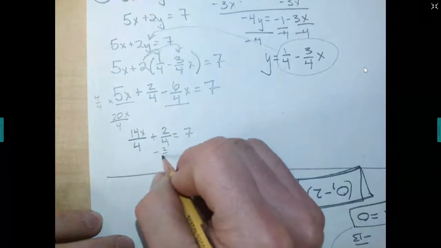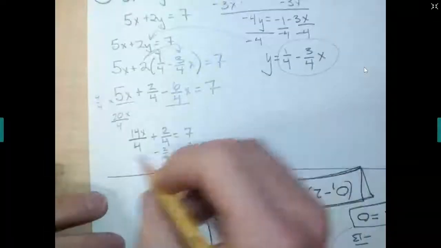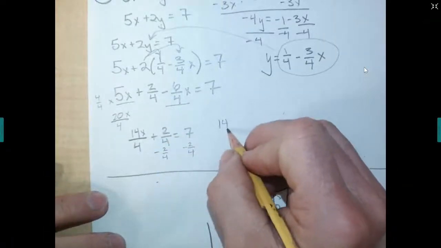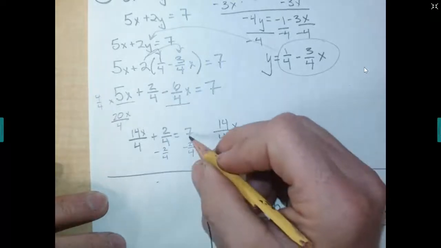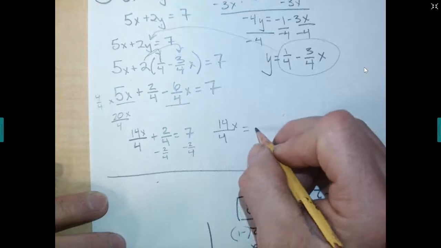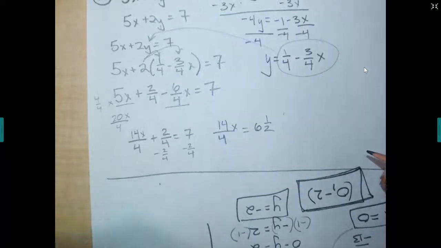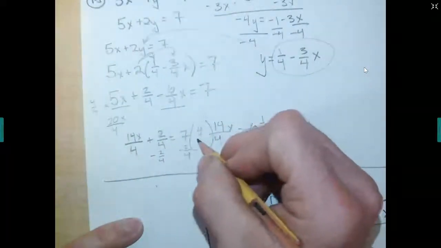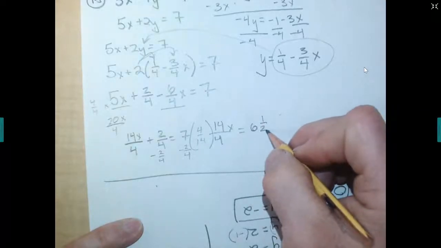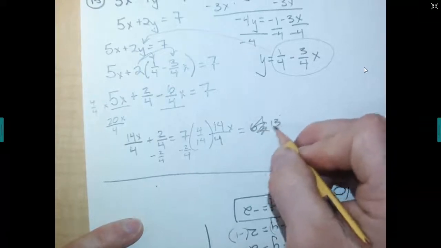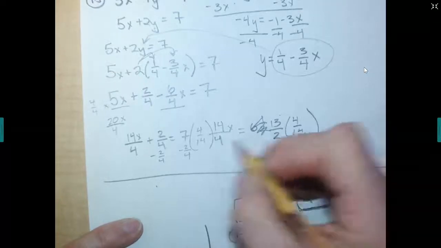Then I subtract 2/4, which is also 1/2. So I end up getting 14/4 x equals 1/2. 7 minus 1/2 is 6.5. 6 1/2. Multiply this side by 4/14. Oh, you know what? I should keep this in a fraction: 6 times 2 is 12, so this will be 13 halves. Times 4/14, so those cancel out.